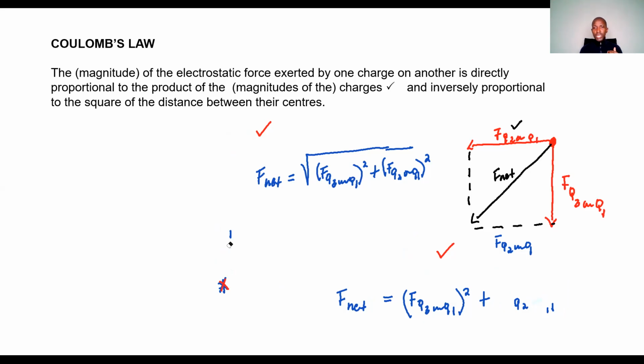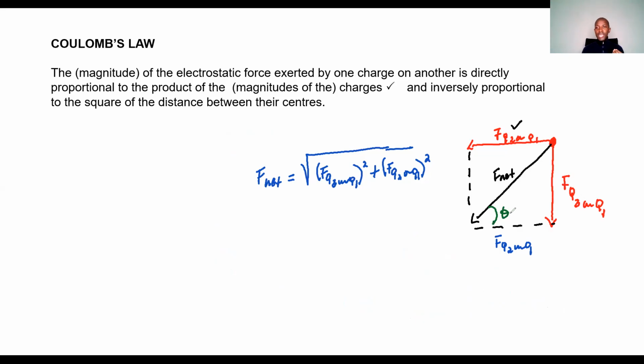You're asked to calculate the net force and give the direction as well. Now we employ trigonometry. The angle we're looking for is the angle that the F net is acting on. So this angle here, let's call it theta.